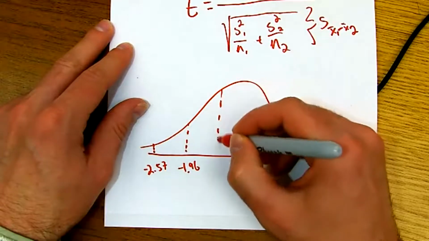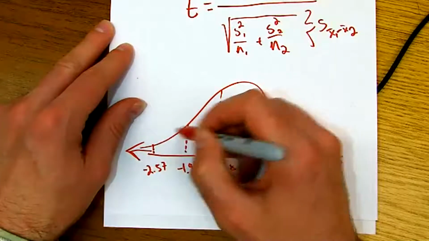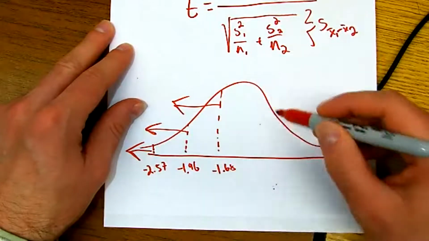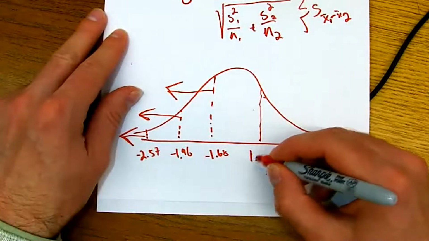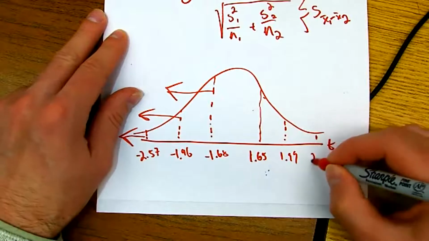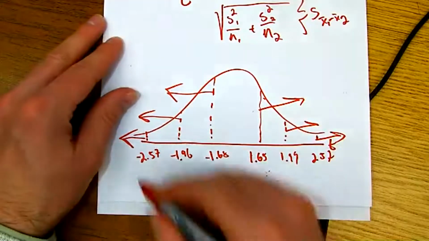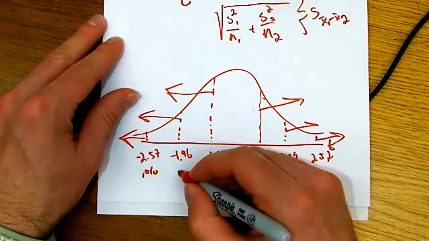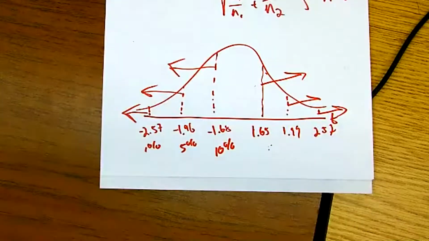It should be really close to the values for a standard normal distribution because it was such a high sample size. And then we have our 1.65, 1.96, 2.57. We have the other side, right? And these correspond to the 1, 5, and 10% significance levels. So kind of our rejection regions here.